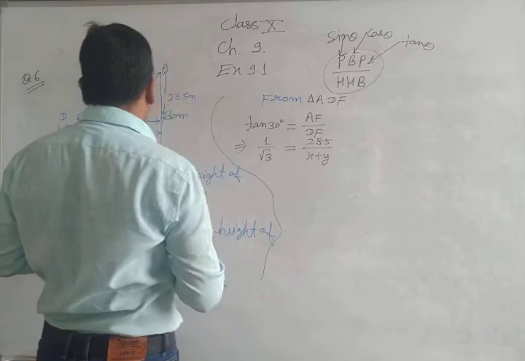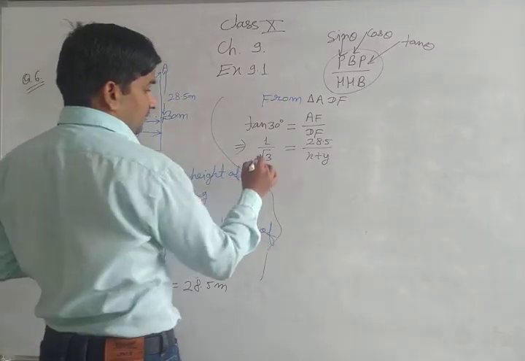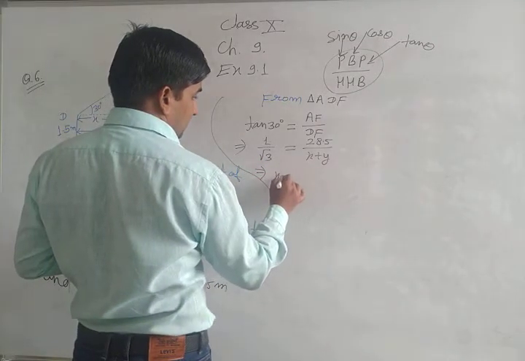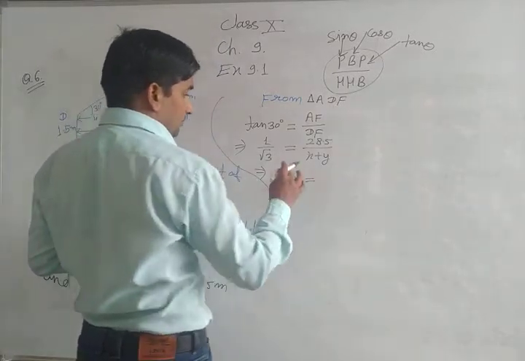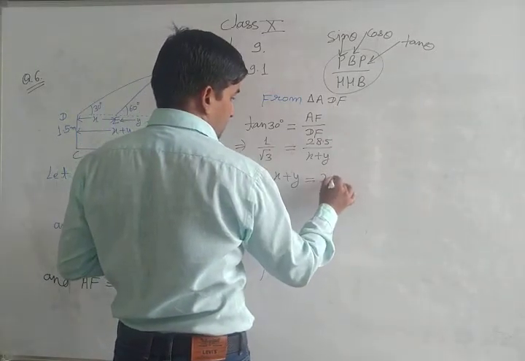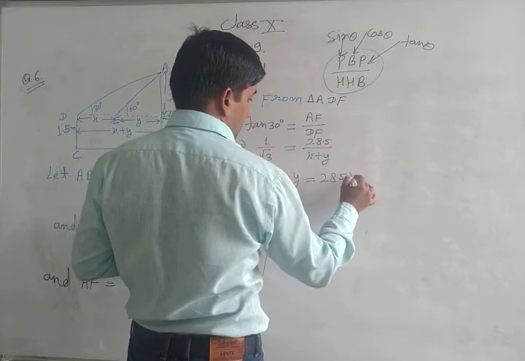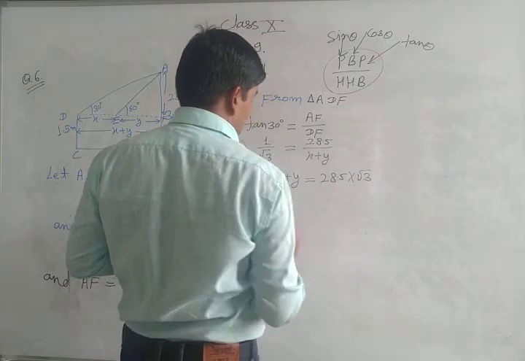Clear? It implies that x plus y equals, this will be multiplied, 28.5 multiply root 3.